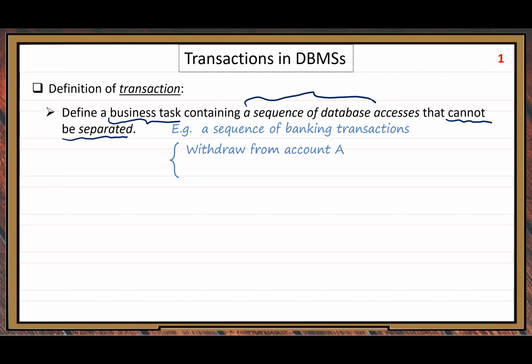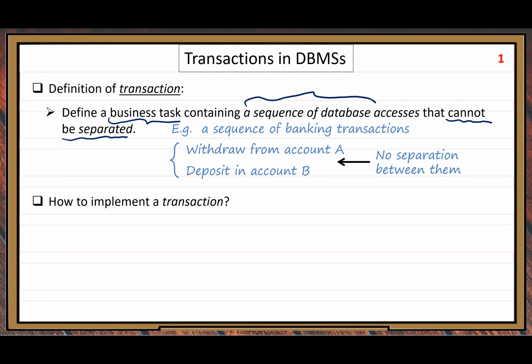Here, we understand withdrawing from account A and depositing in account B, and we want to treat the sequence of transactions as a whole, which cannot be separated. Then we generalize to many business activities. We don't want separation, so we use this transaction concept. How to implement? Here, let me talk about the simple idea for the implementation.